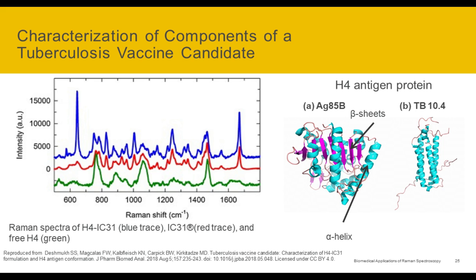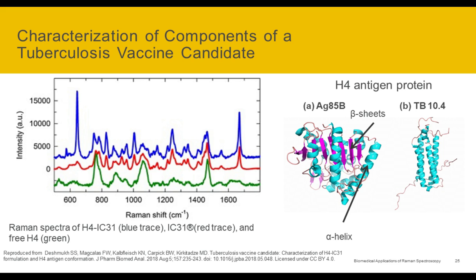So in the spectrum of the free H4, there's a very weak signal that's consistent with beta sheet present at 1670 wave numbers. But when that H4 protein gets adsorbed to the adjuvant, which is the blue spectrum, we can see that that 1670 peak significantly increases compared to the green spectrum of the free H4 protein.